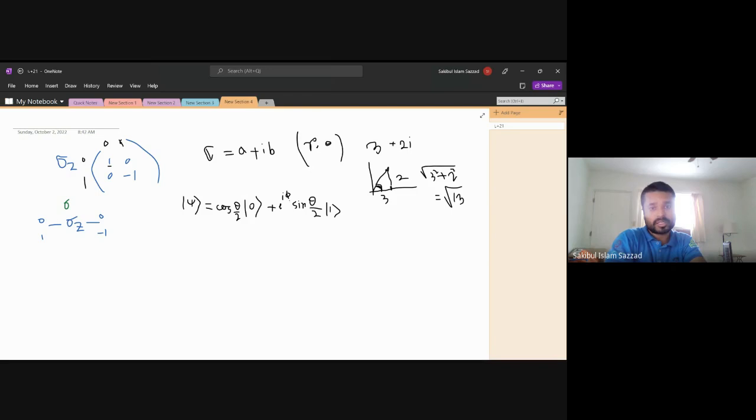This phi is the phase actually, and this theta is the angle.